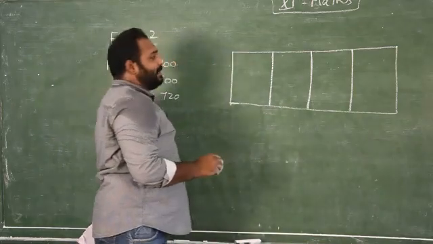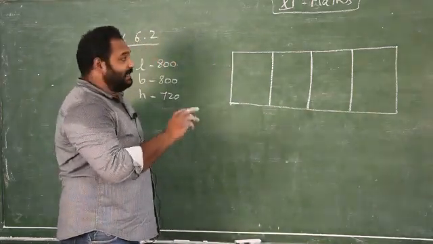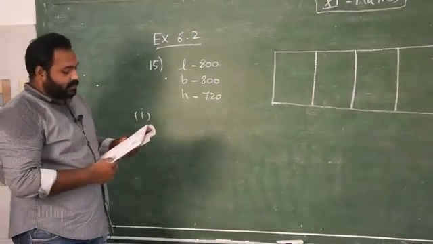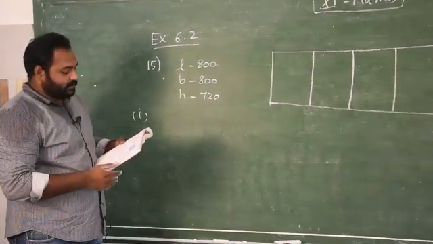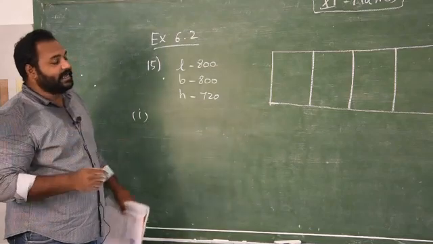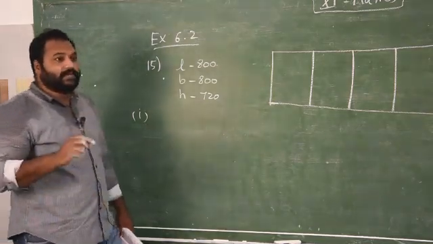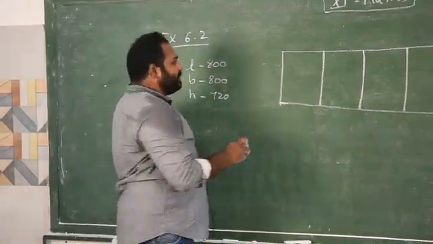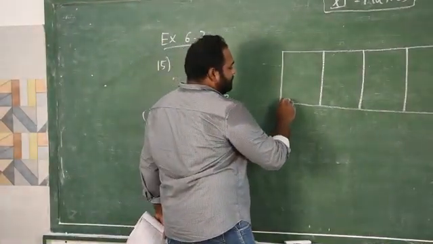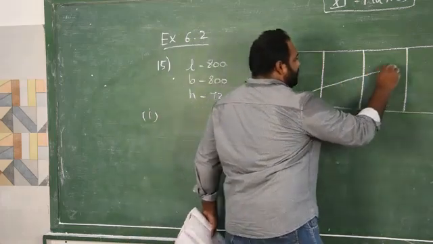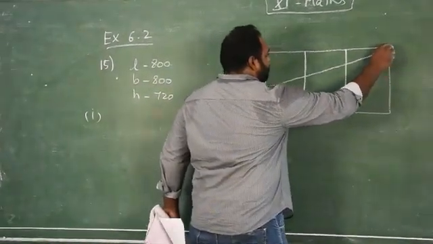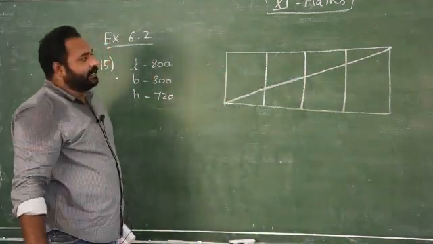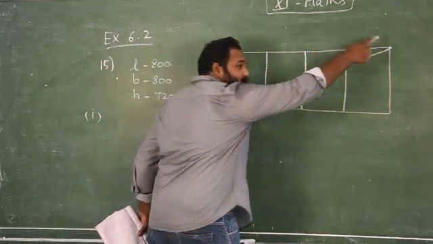So if they add the facility, the escalator, the first question asks us to find the minimum total length of the escalator. Minimum length means the straight line distance. If you draw the straight line, this is the escalator minimum length from down to upstairs.